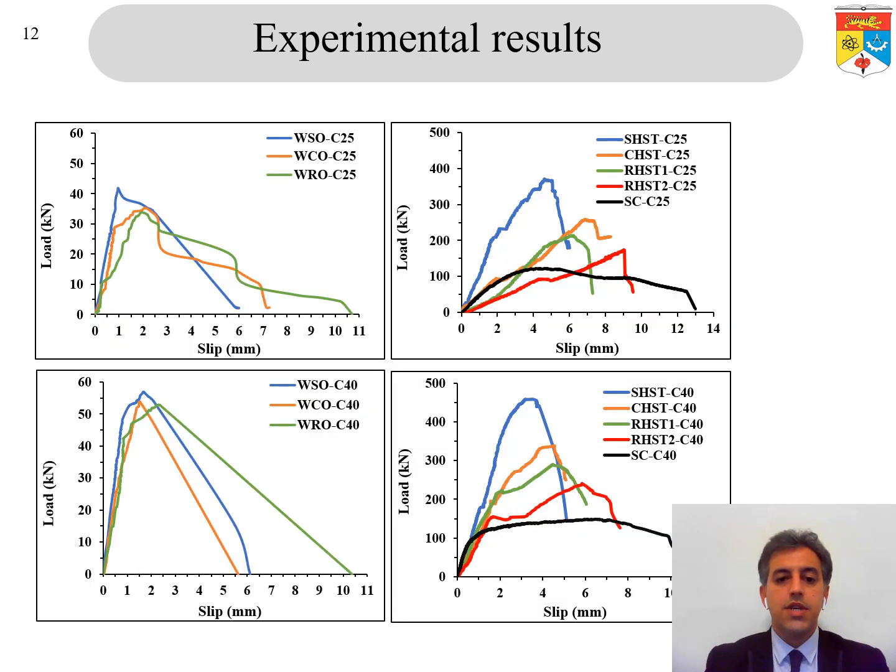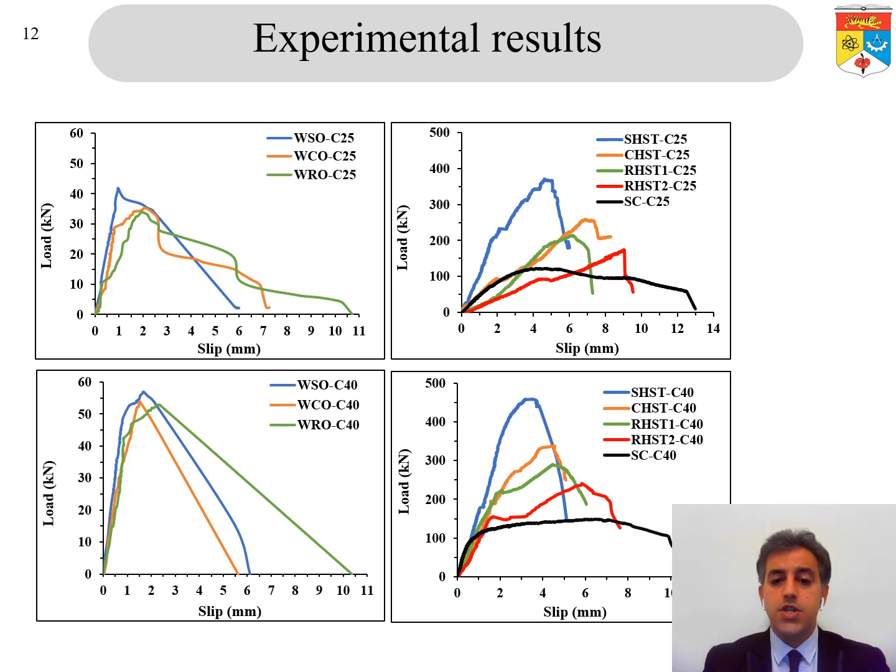The load slip behavior shows the minimum shear strength achieved by the web opening type, whereas the highest shear strength was achieved by the hollow steel tube shear connector with the infill concrete strength of 40 megapascal.